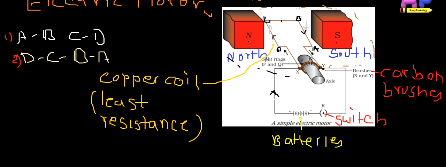The cylindrical tube is just like that, and then the magnets are placed. I have got red color magnets. If these are the magnets placed here, this is my North Pole, this is my South Pole.